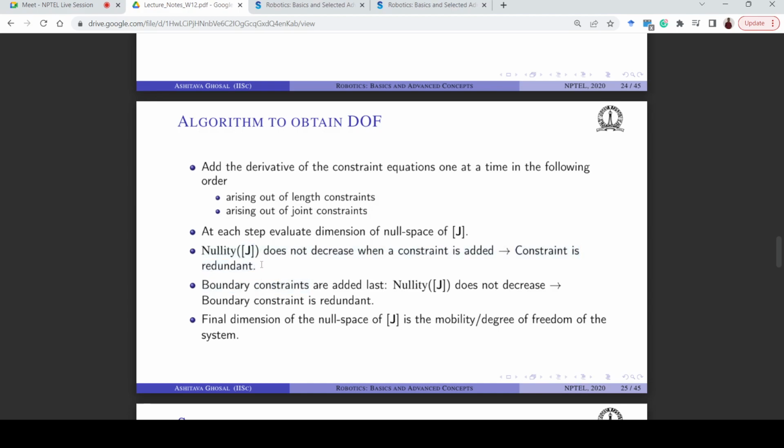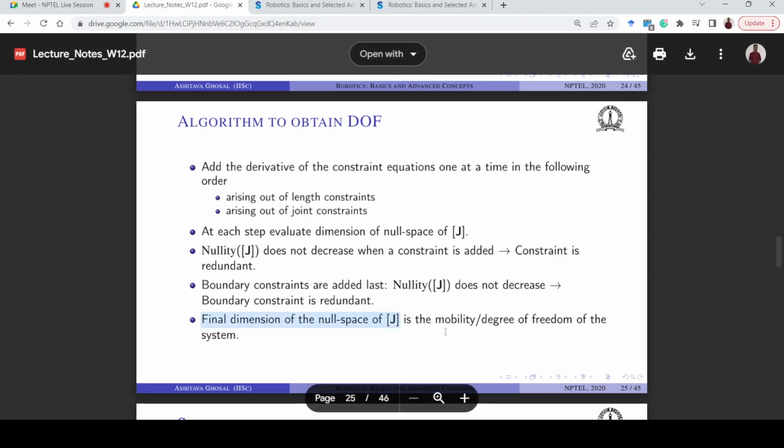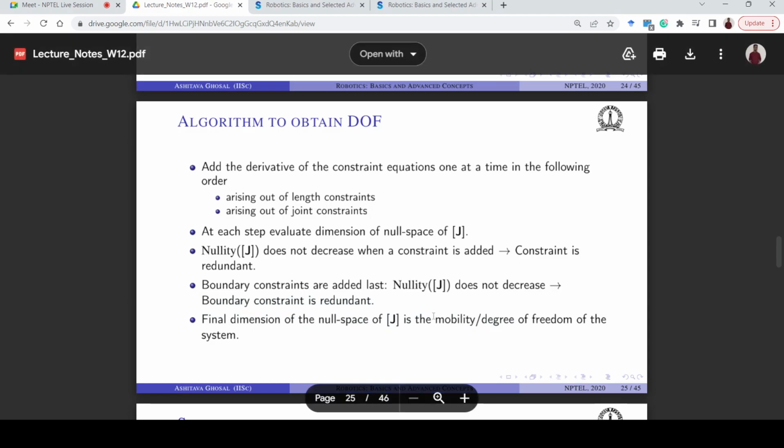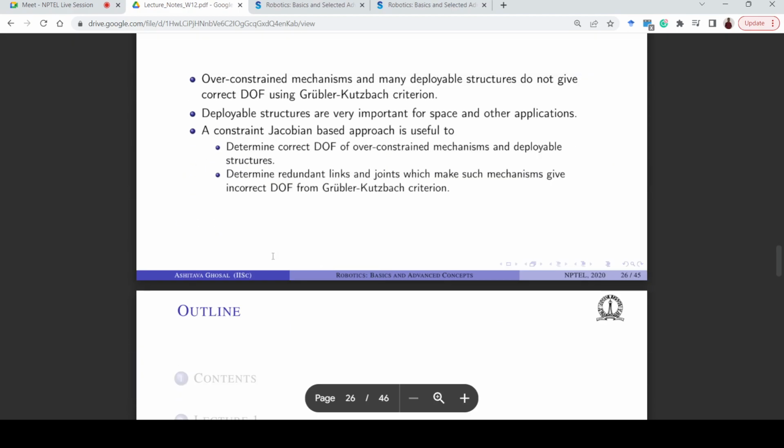An actual constraint should act on the degree of freedom, and since the dimension of the null space corresponds to the degree of freedom, it should reduce if the constraint is to have any effect. So the final dimension of the null space of J, when you have taken into account all the constraints, is essentially the degree of freedom of the system.